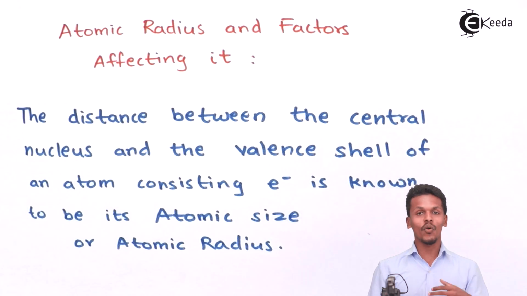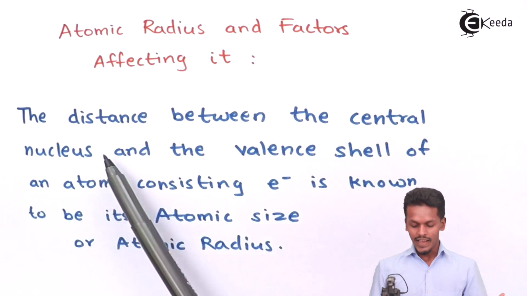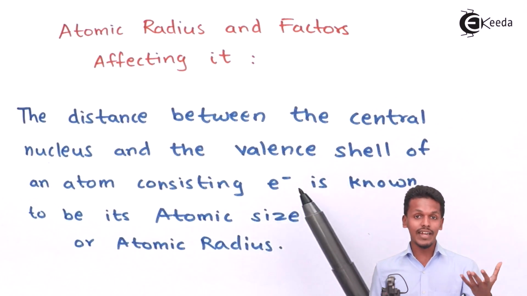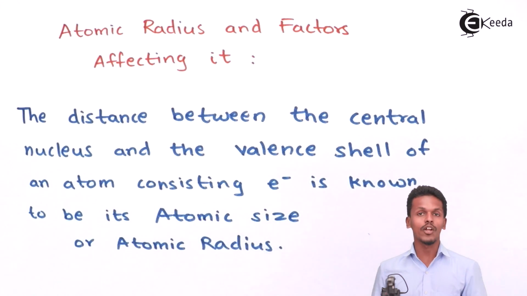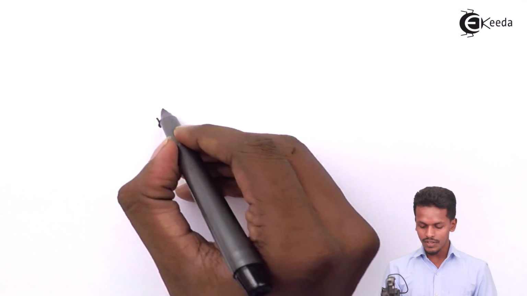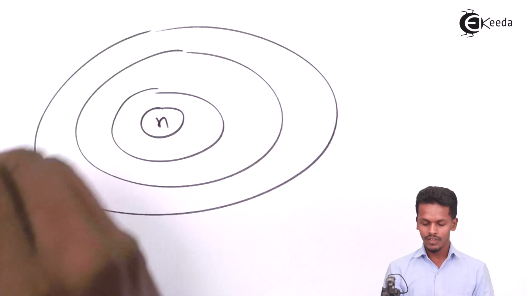Now we are going to talk about what is atomic radius. The distance between the central nucleus of an atom and the valence shell of an atom that consists of an electron is known as the atomic size, or atomic radius. Let me give you a short glimpse of it. As you know, an atom is composed of a nucleus with multiple shells around it.